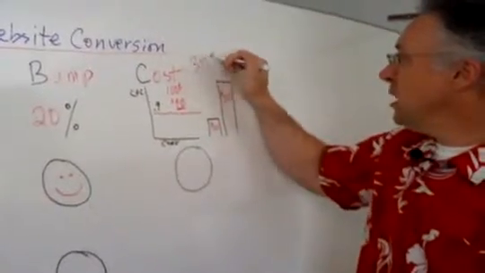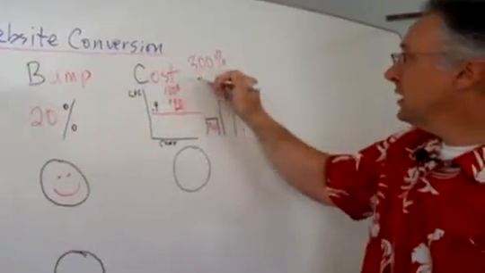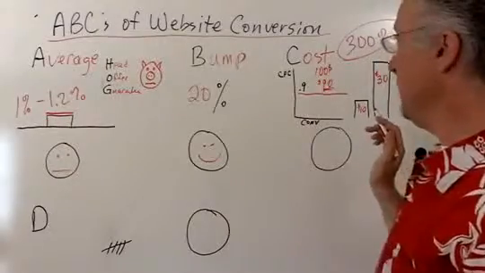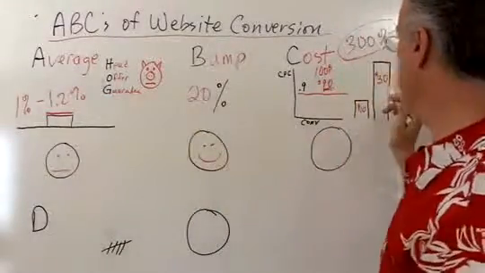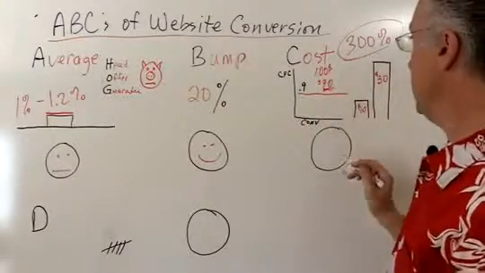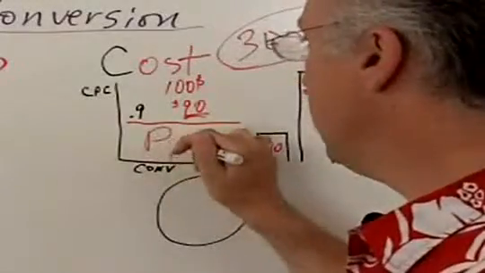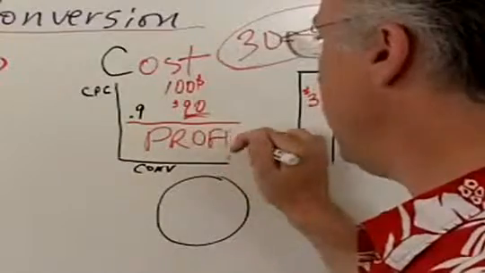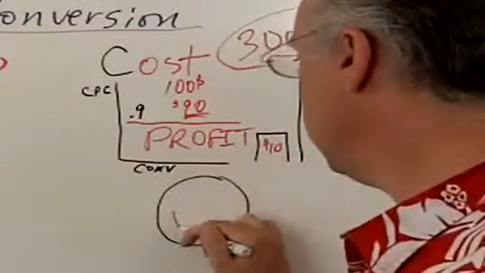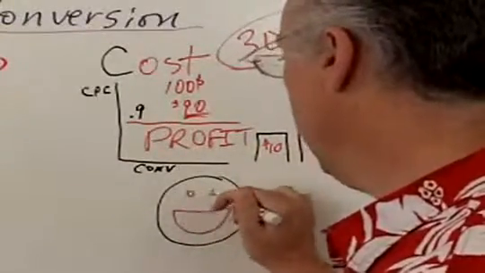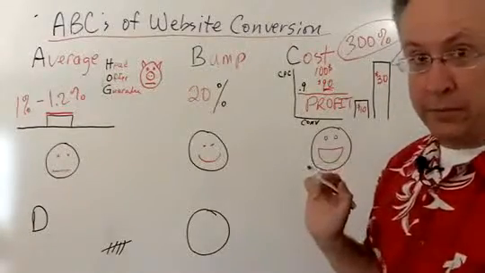That's a 300% increase. Now once you realize that jumping from 1 to 1.2 gives you a 300% increase in what really matters, which is profit, all of a sudden you should be really happy.